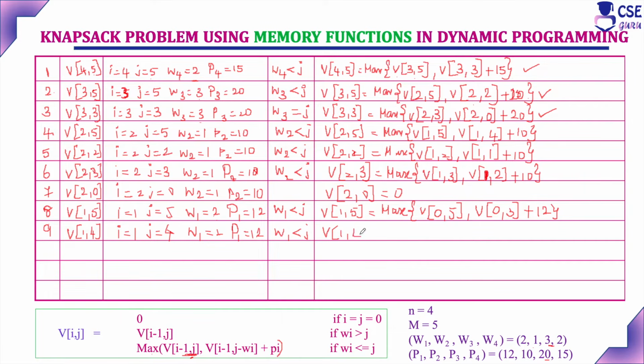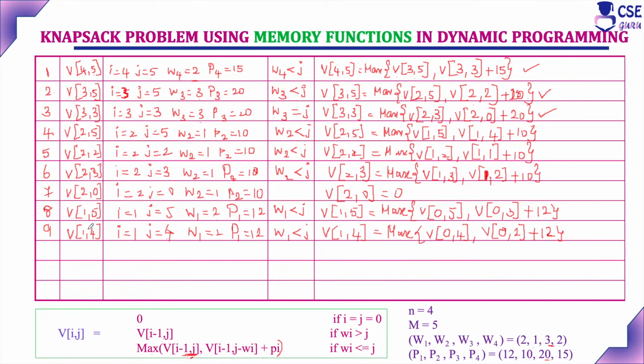So V of 1, comma 4 equal to maximum of V of I minus 1, 1 minus 1 it is 0, comma J value is 4, comma V of I minus 1 is 0, comma J minus WI, 4 minus 2, it is 2, plus profit of the first object is 12.